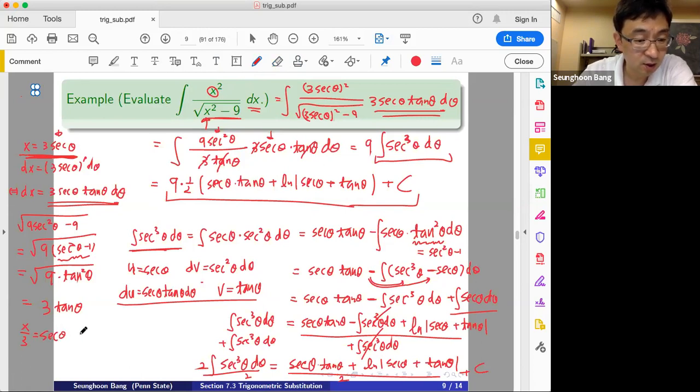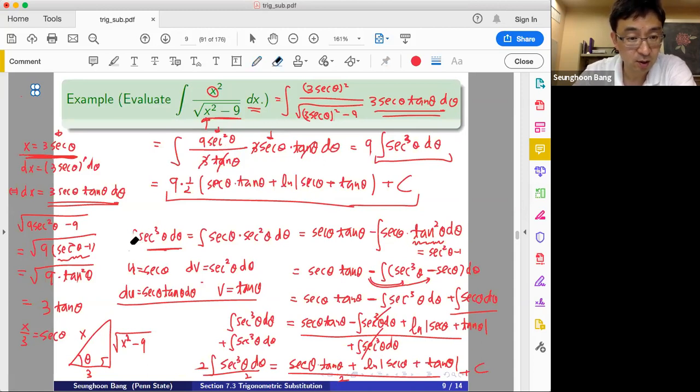You can draw a right triangle. What is secant theta here? X over 3, hypotenuse over adjacent. You can find the opposite by using the Pythagorean theorem: square root of hypotenuse squared minus adjacent squared, 3 squared is 9.